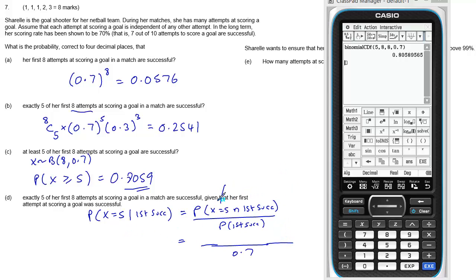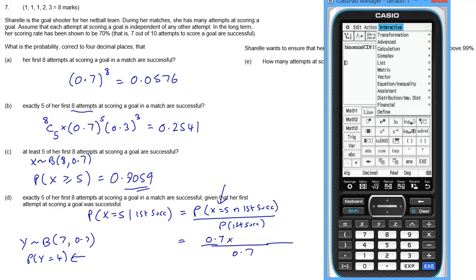As far as this bit's concerned, if we know the first is a success, then we're wanting 4 more. And that's going to be out of 7 trials, so the probability that y is equal to 4. So it's an and. Probability the first is a success is 0.7. And then we're going to want this.